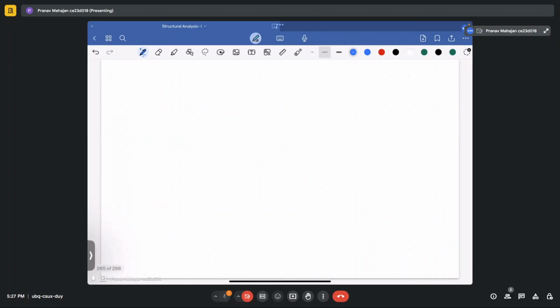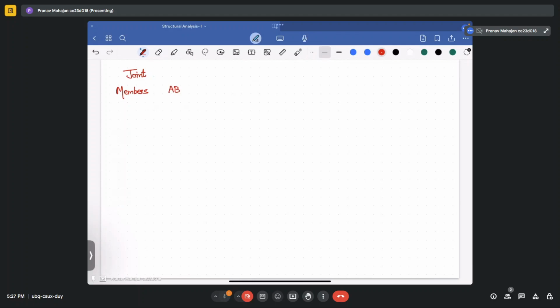Okay, now we will make the table and solve the problem. So first we will write the joints, then we will write members. So let's write the members.